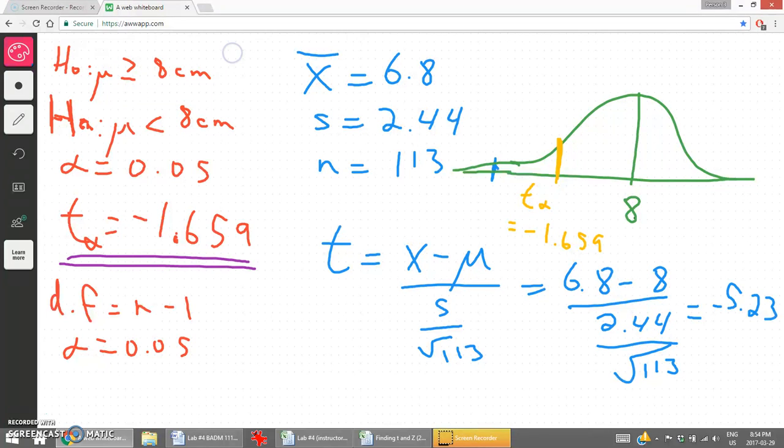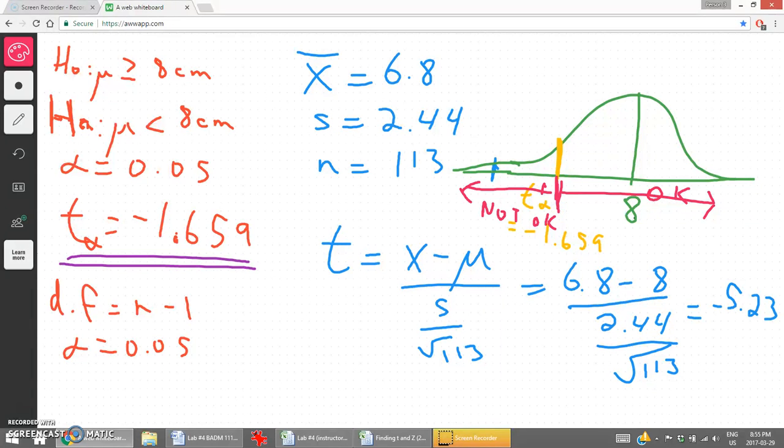So anything over here from our critical value is basically okay. Anything this side of that critical value is basically not good. Let's just put this down here for ease. It's not okay. Basically anything past that critical point.